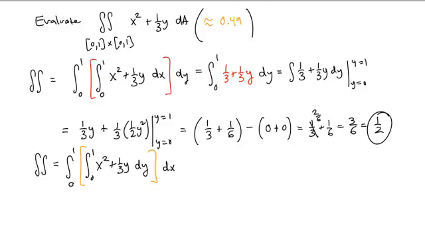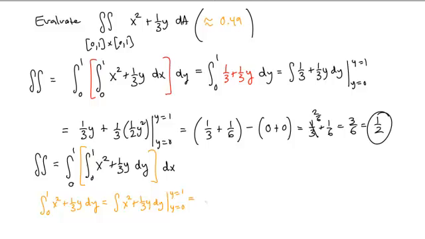Well, let's see if that actually works. The first thing I'm going to do is focus on just the integral on the inside, the integral from 0 to 1 of x squared plus 1/3 y dy. According to the fundamental theorem of calculus, all we need to do is cook up an antiderivative of x squared plus 1/3 y dy, and then evaluate that between y equals 0 and y equals 1.